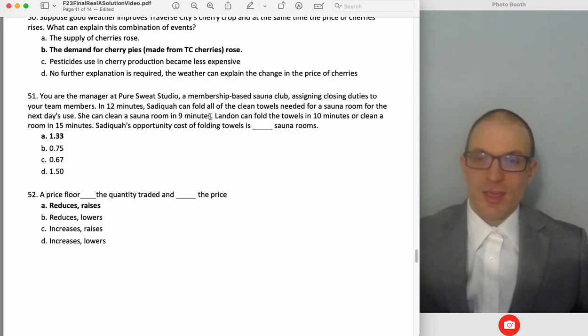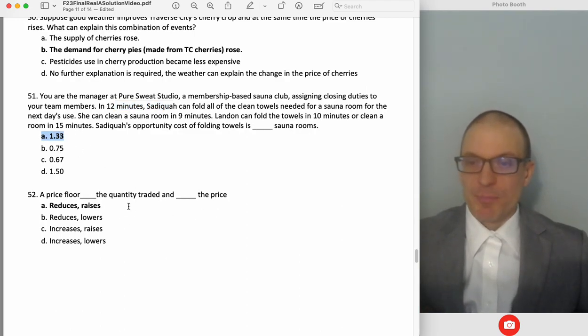I can say 9 minutes is all the time necessary to clean a room, but it's only 75% of the time necessary to do towels, right? 3/4 of the time. So the opportunity cost of a room is 3/4 the time of towels. And we know the opportunity cost of towels is going to be the reciprocal of 3/4, and that'll give me 4/3 or 1.33.